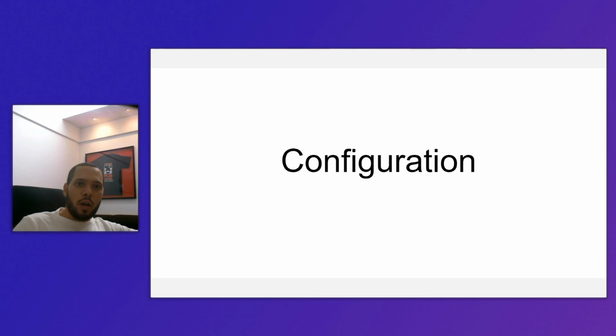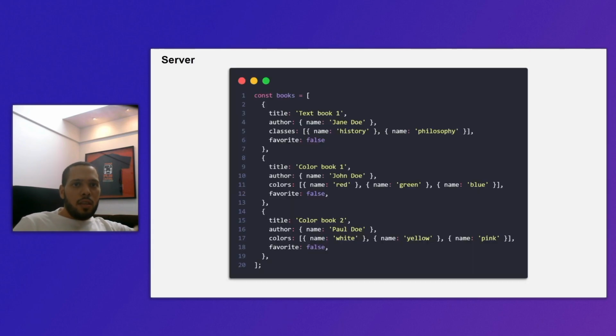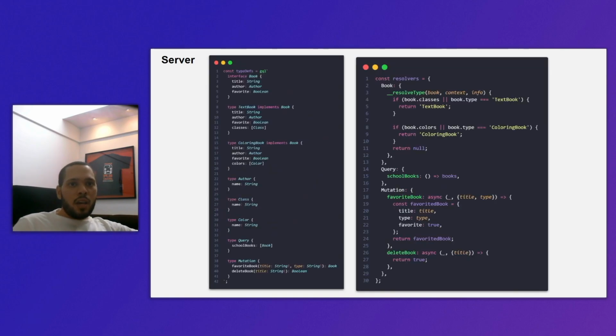First, let's talk about our server. This is our data. As you can see, we have a single array containing all our books. Our server provides us with a single query which returns all our data at once. And of course, the two mutations responsible for favoriting and deleting books.